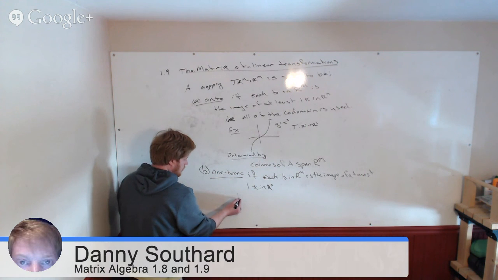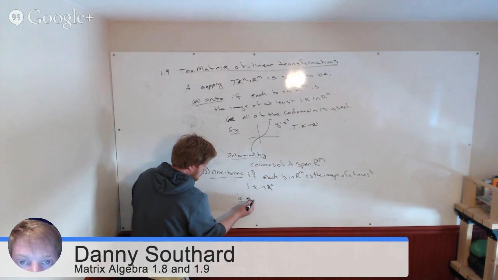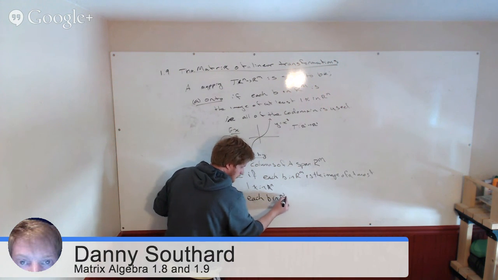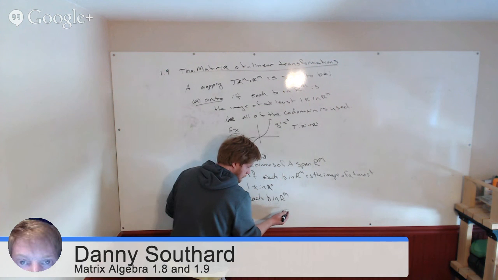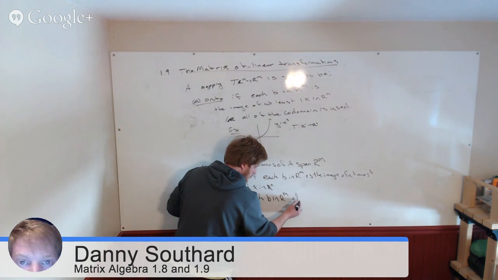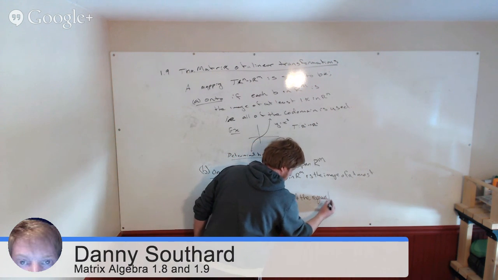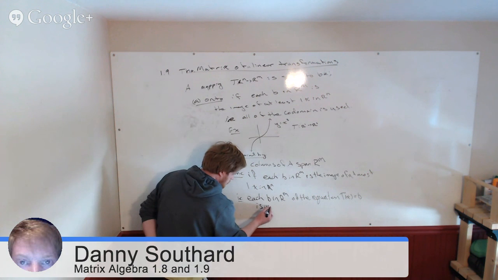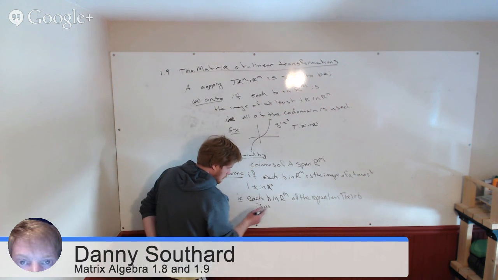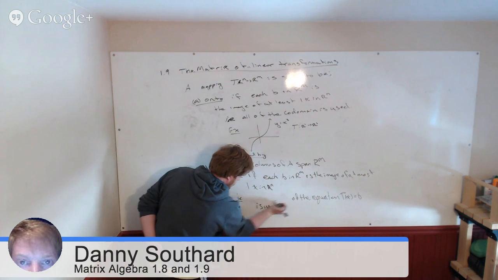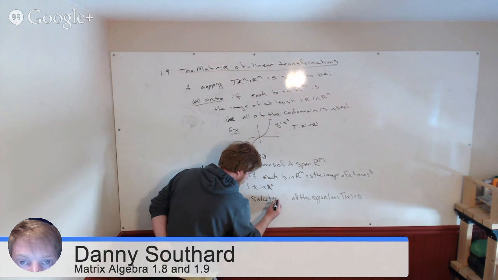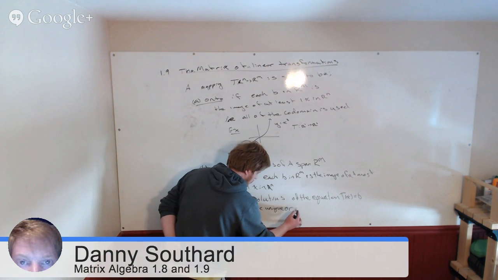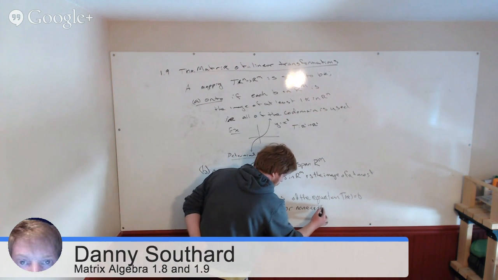So, in other words, each B in Rm, the equation T of x equals B has solutions that are unique or non-existent.